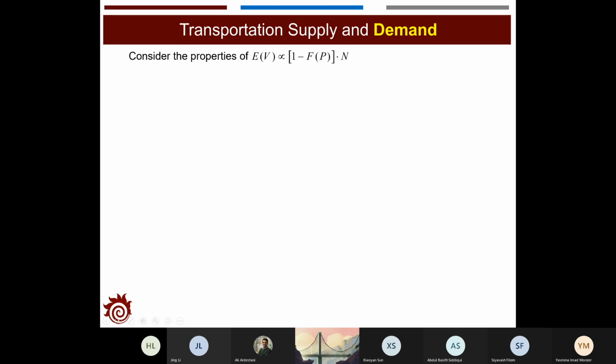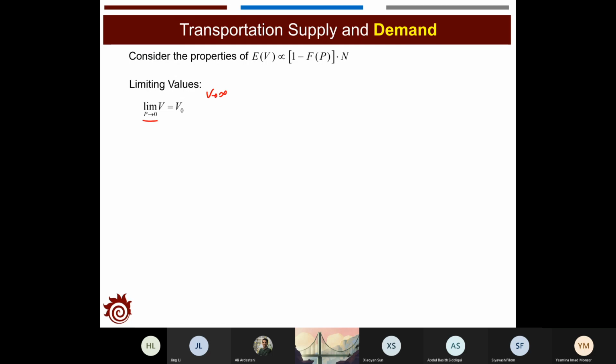And now starting from this conclusion, we will have some constraints. First of all, for the extreme case, say that if the cost approaches 0, it does not necessarily mean that the volume will go to infinite.